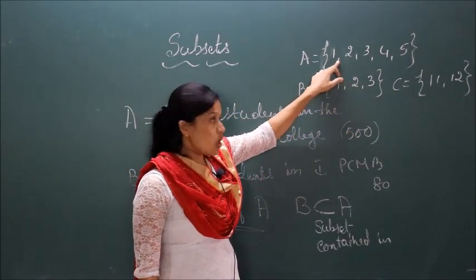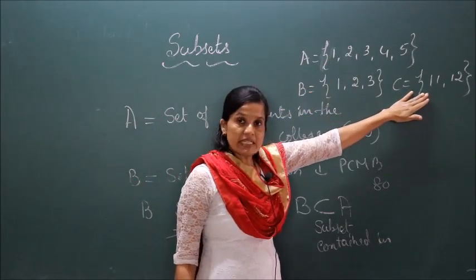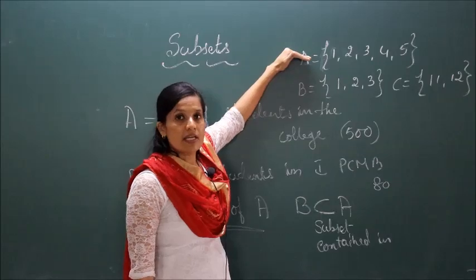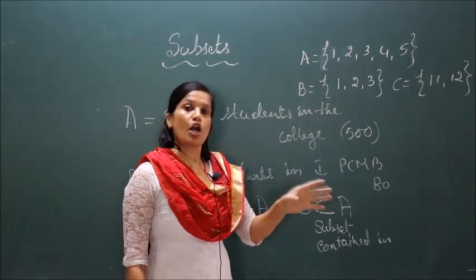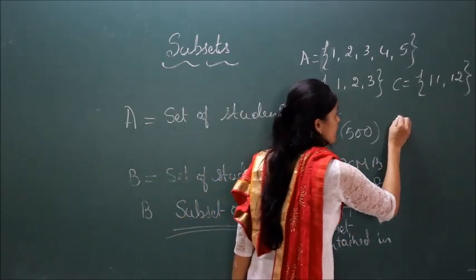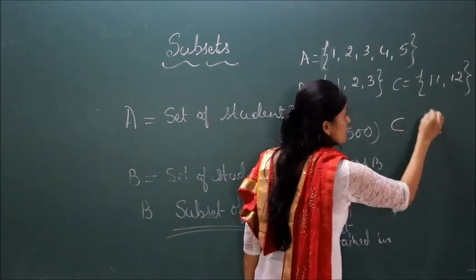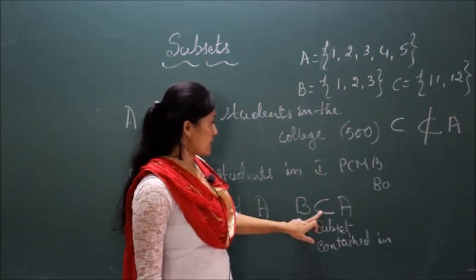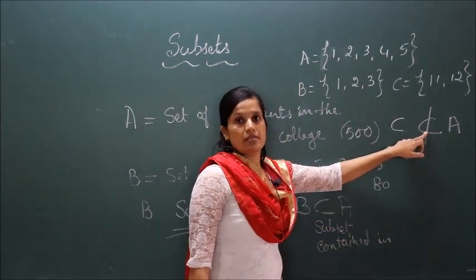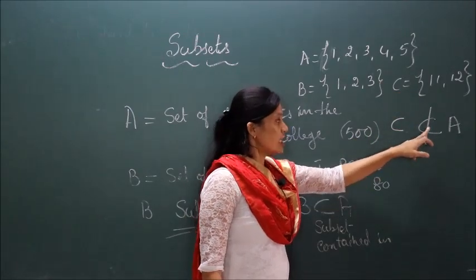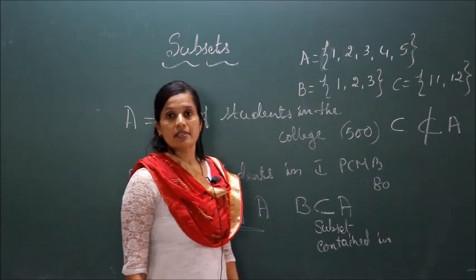No, because the elements of set C are not in set A. So C is not a subset of A. That can be represented like this: C is not a subset of A. This is the symbol, the not-subset symbol, read as not subset or not contained in. C is not contained in set A.